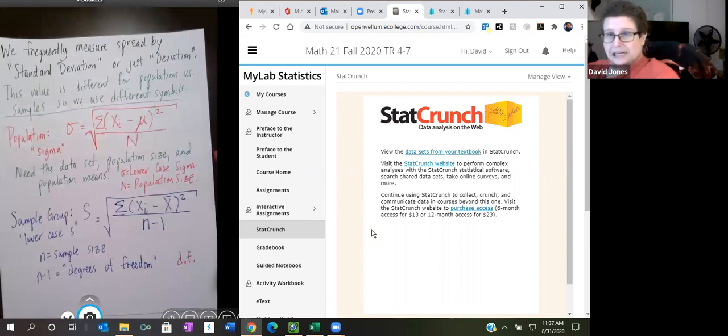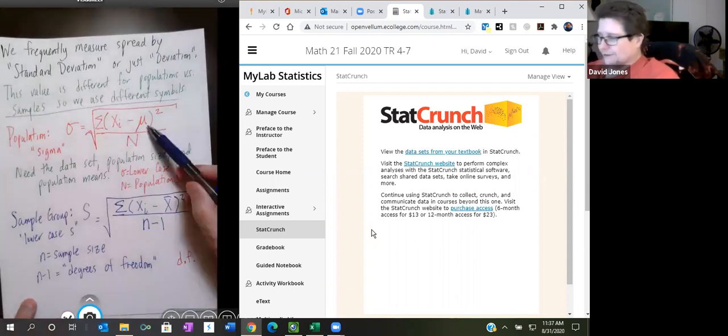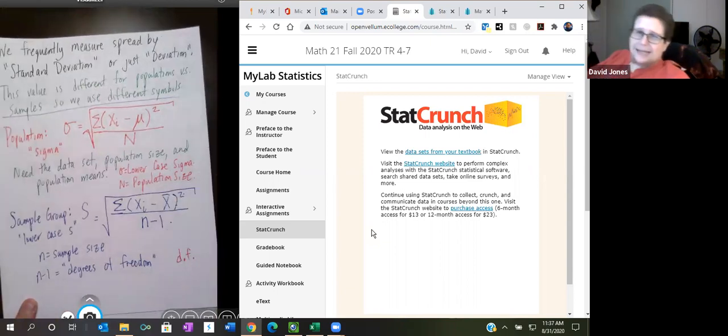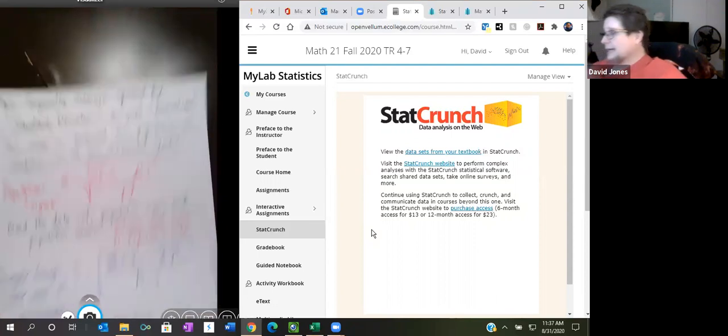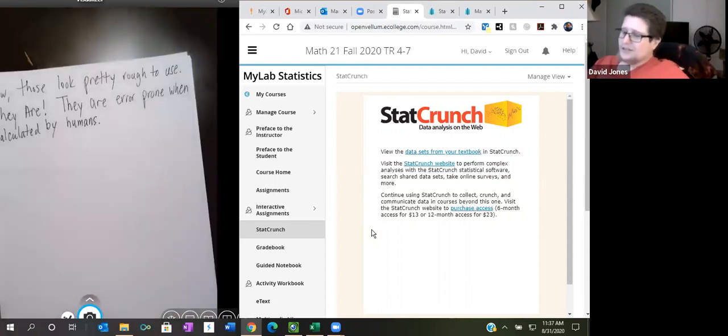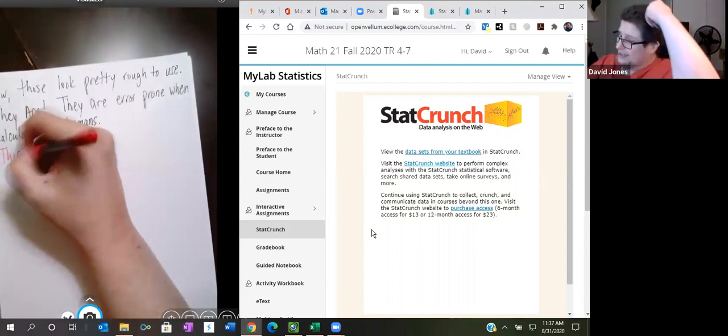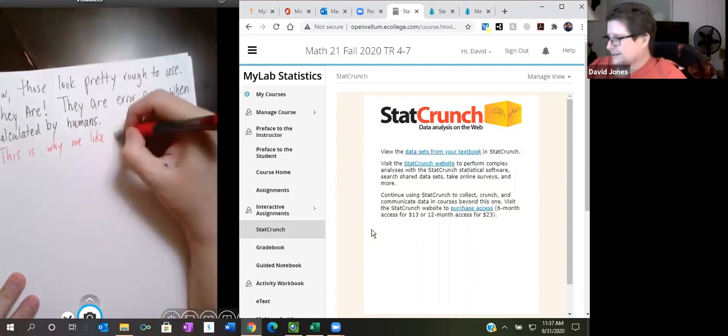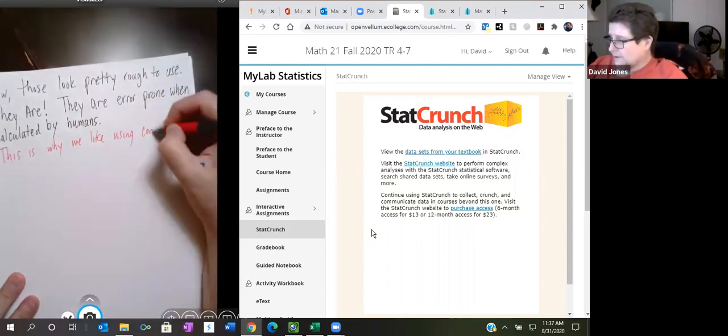My bad. So for a sample size of 100, you're doing 100 subtractions, squaring 100 different numbers, adding 100 different numbers, then dividing by the sample size, then taking the square root, and guess what? If you make a mistake in any one of those, your answer is wrong. So these are very error prone, which is why we like using computers. Or calculators.